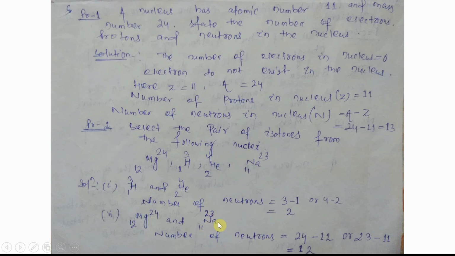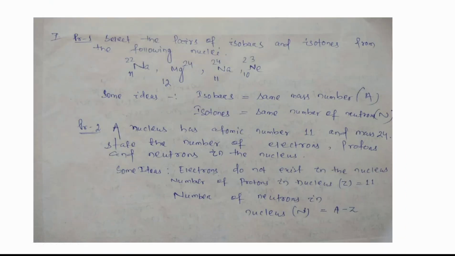Next, another problem: select the pairs of isobars and isotones from the following nuclei. This is for you. I have given some hints to solve the problem. Isobars mean the same mass number and isotones mean the same number of neutrons.